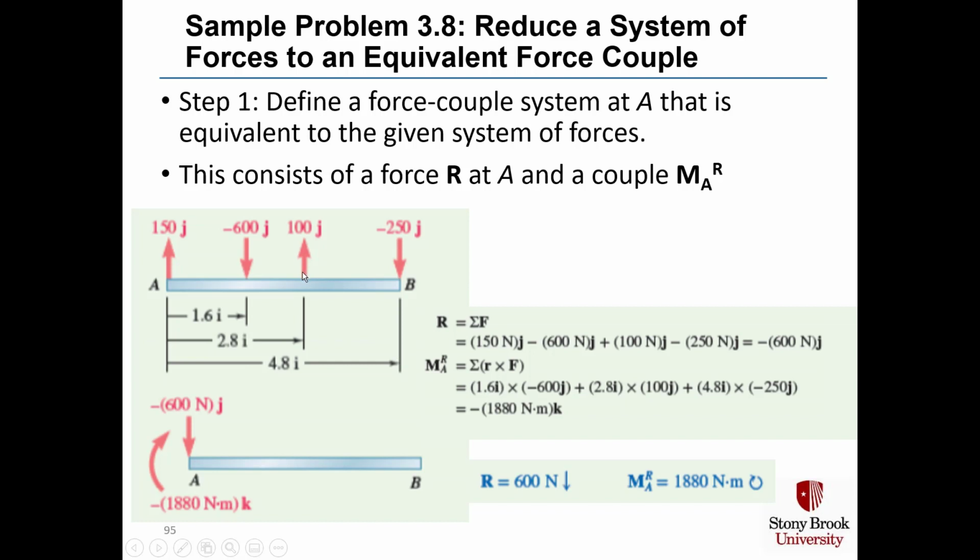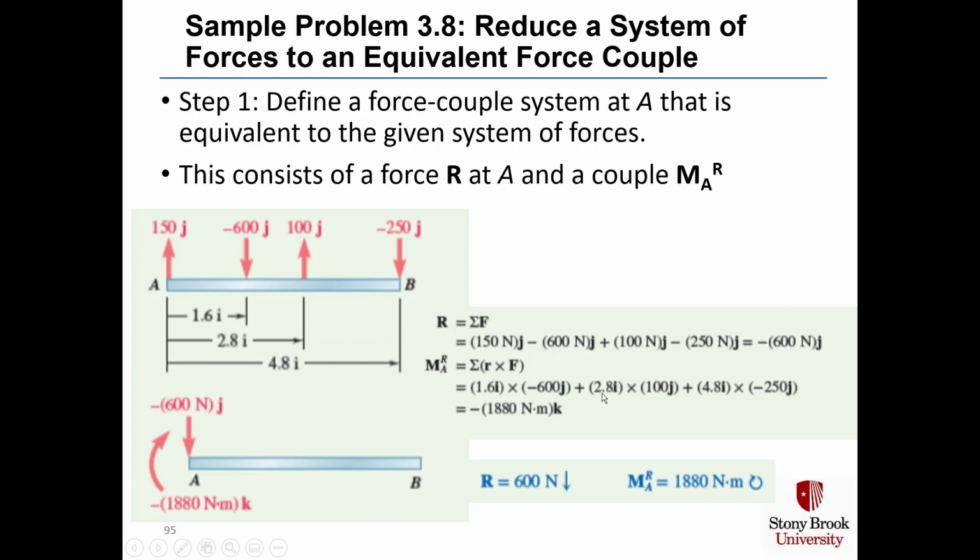The 100 Newton force in the plus j direction will be crossed with 2.8 I position vector because it's 2.8 meters to the right of point A. There's our second term. And our third term says that a minus 250 Newton force in the j direction gets crossed with the full length of the beam, which is a 4.8 meter times I position vector. And we do this simple multiplication.